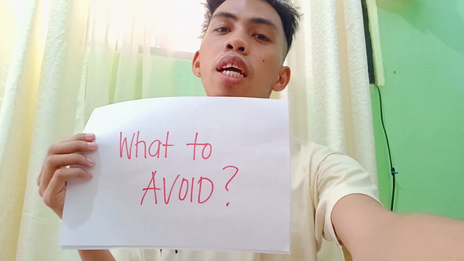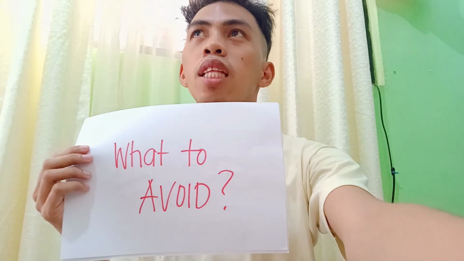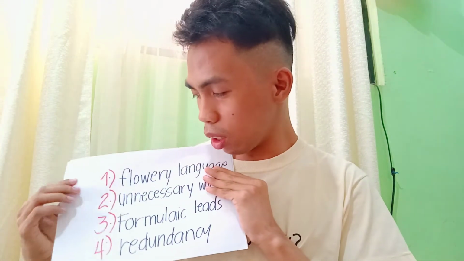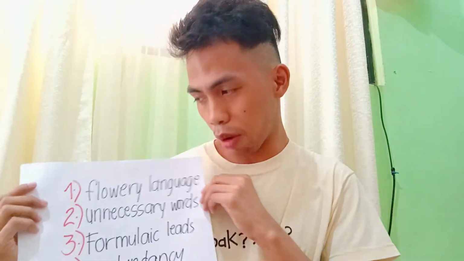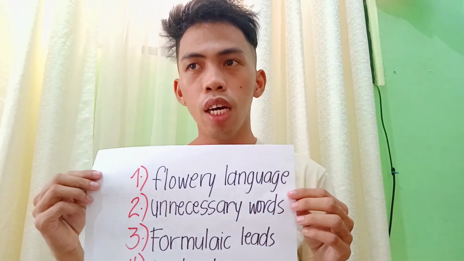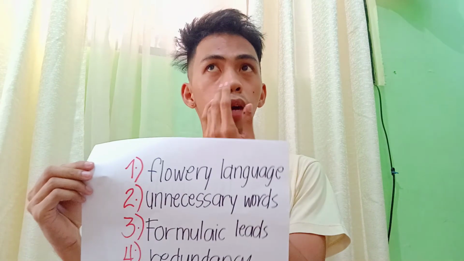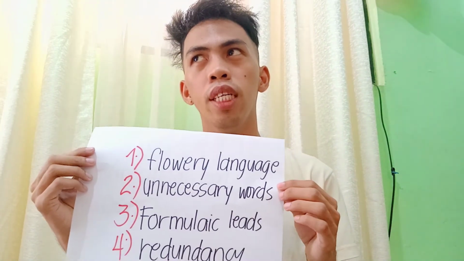So what to avoid in writing a lead? There are some things that you need to avoid. The first one that you are going to avoid is flowery language. In order to avoid flowery language, we should be pointed in stating our point or our stand.